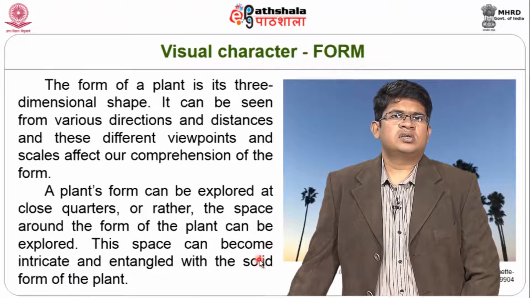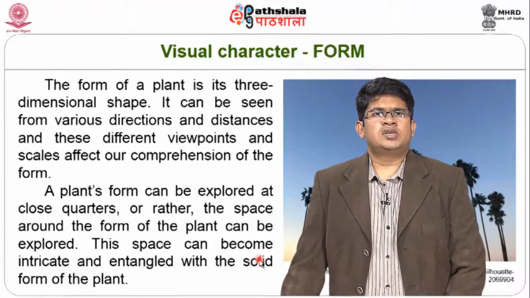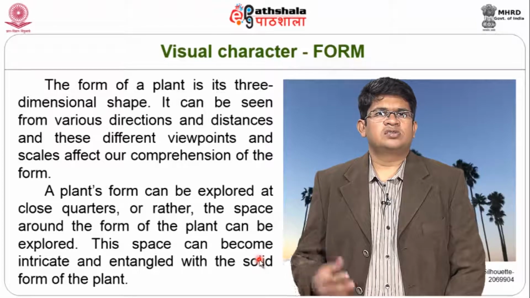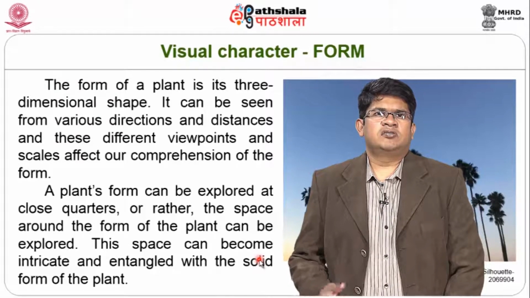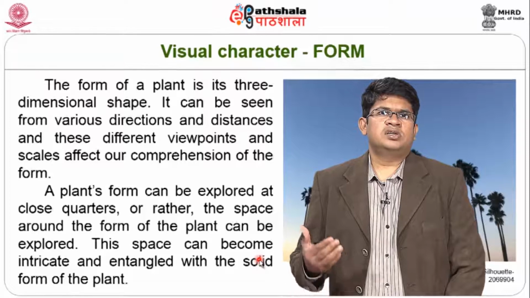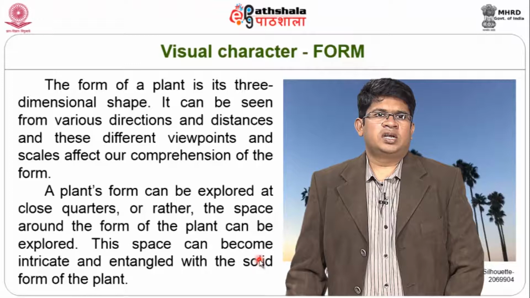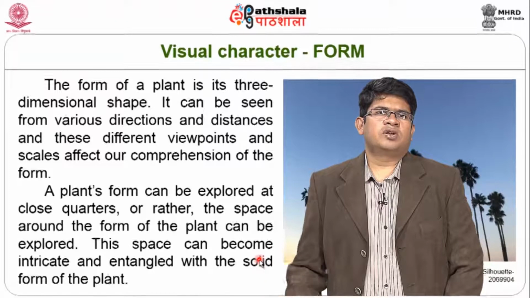As we saw earlier, the form of the plant is its three-dimensional shape. It can be seen from various distances and angles, so it is perceived in various ways. Based on the distance as well as the angle, the way we interpret it changes, and it can also be looked at from close quarters.